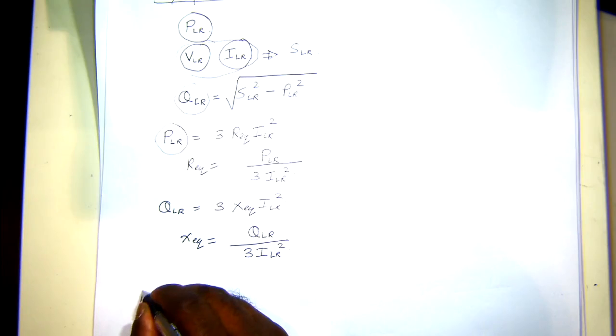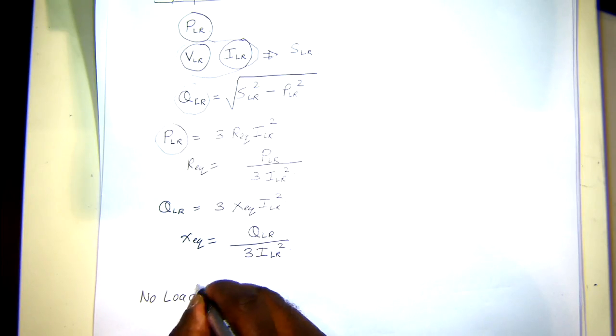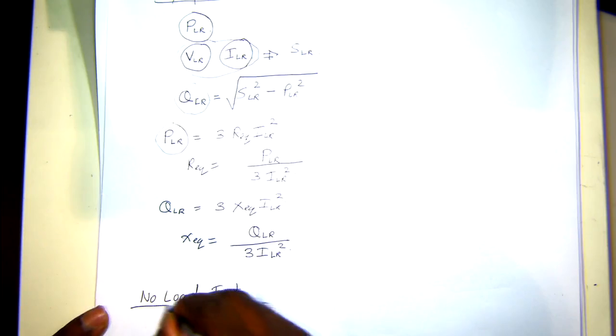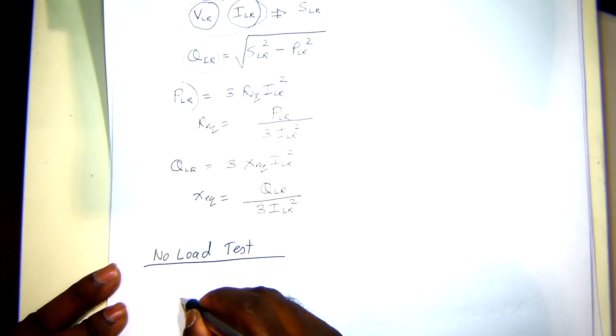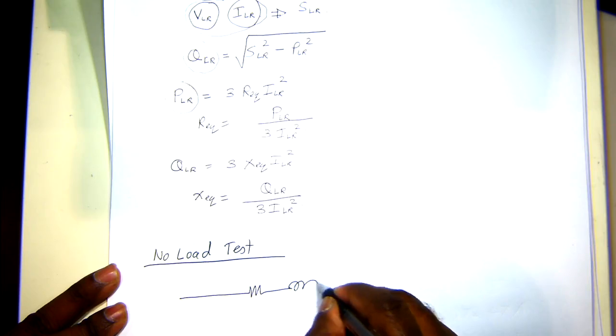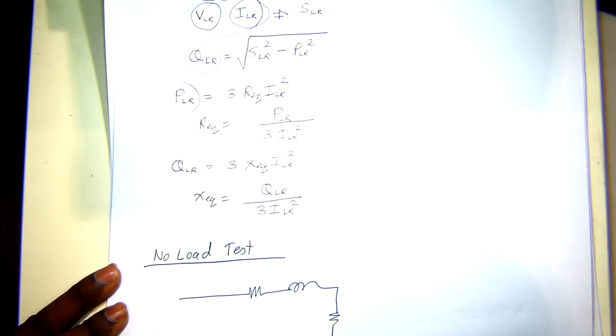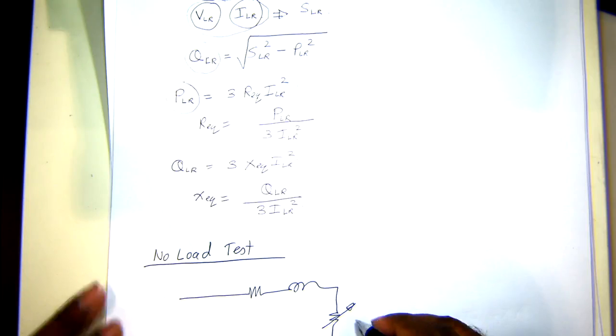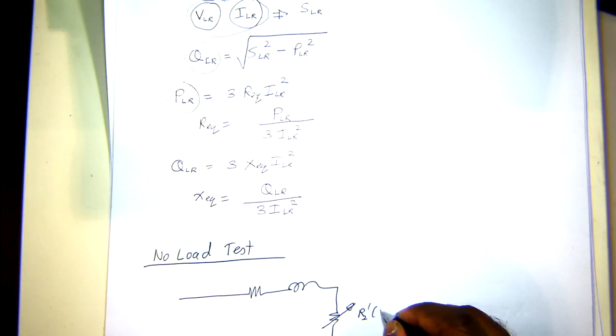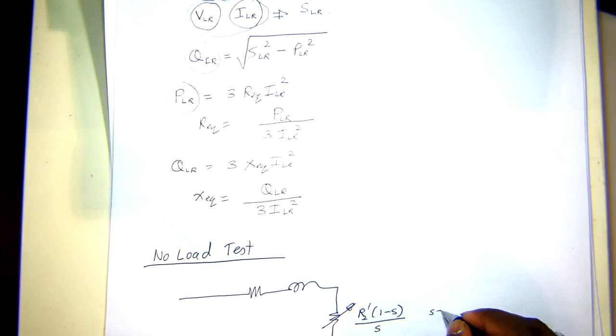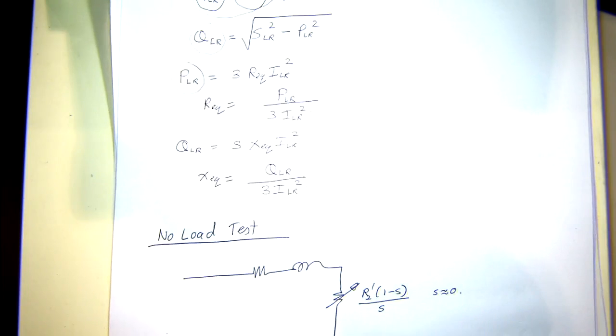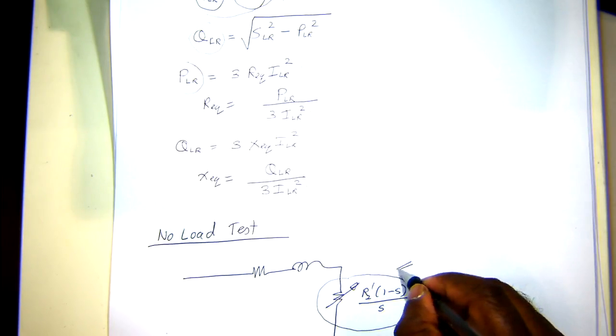Let's say no load test. We have the same circuit, and now this is running at some value where S is close to 0. So the power consumed in this element will be equal to the rotational losses.